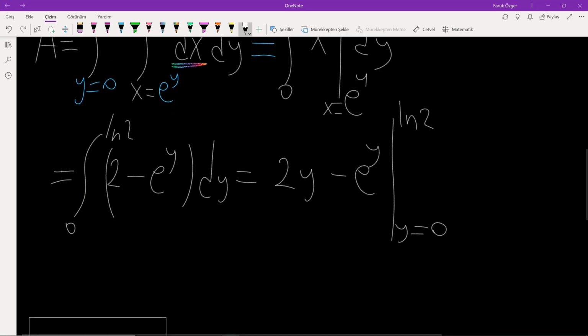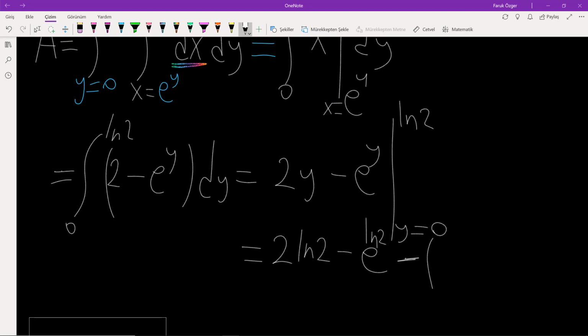And the last step is just to write the values of ln. 2 times ln 2 minus e to the power ln 2, minus, if you plug in 0 you have 0, minus e to the power 0 which is 1.